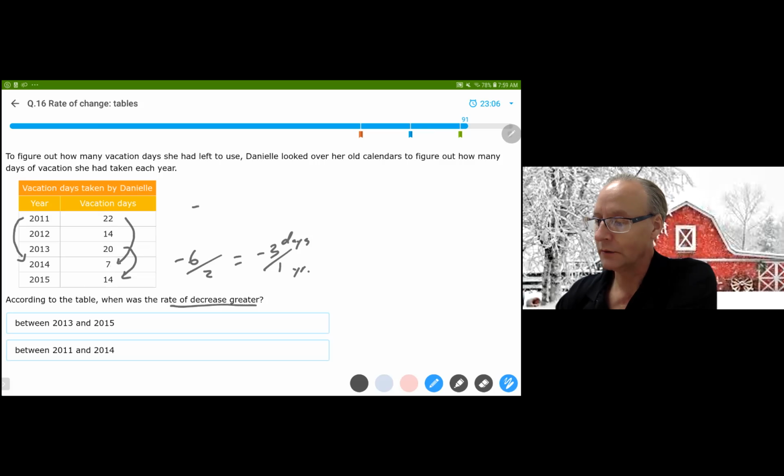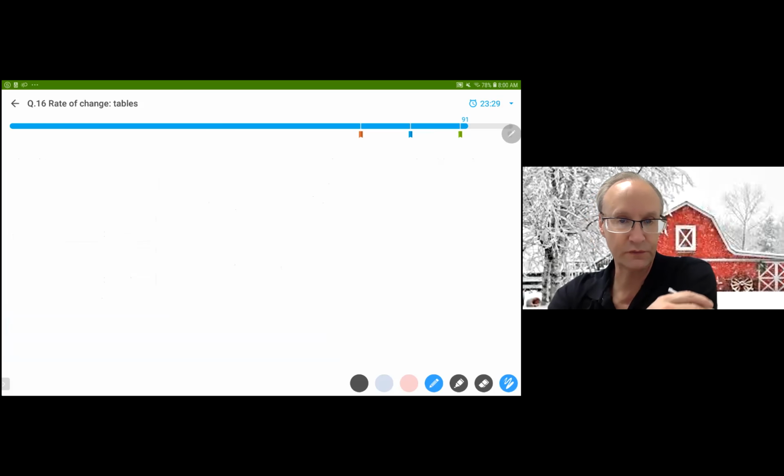It looks like it went down 15. So it went down 15 days over a period of 3 years, which is 5 days per year. So the change was greatest from 2011 to 2014. That was when the decrease was greater.